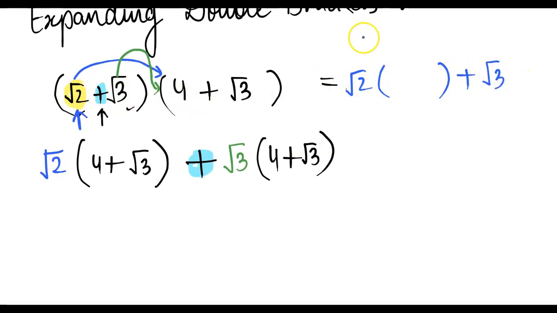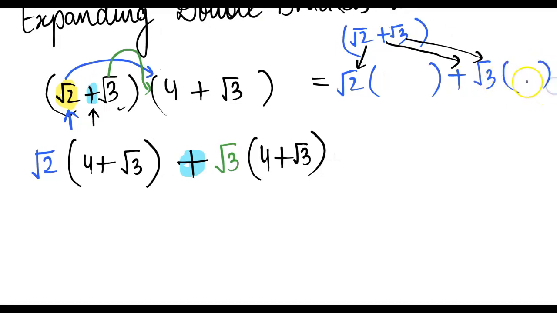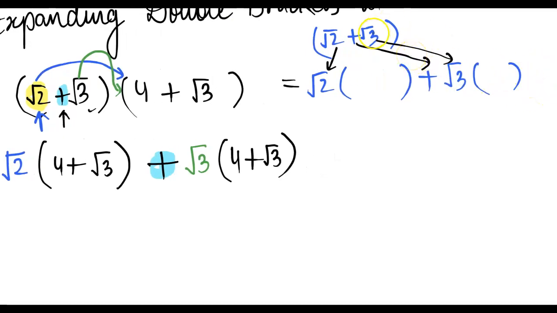What I did was root 2 plus root 3 from the first bracket, writing the same, with a gap and making a bracket, because we know it's going to be multiplied with something else. And the other bracket we have is 4 plus root 3. You just need to write the second bracket in the empty space of each. It's completely up to you how you expand this.